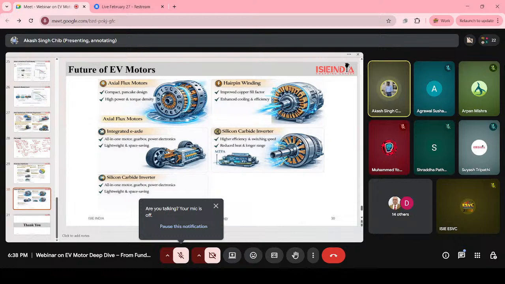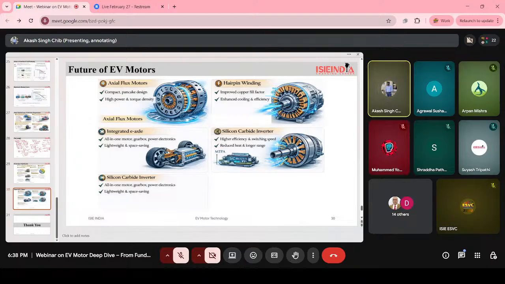Then this is the future of our EV motors: the axial flux motor. You can see the design here, it is like a pancake design. This motor might be used in the future.